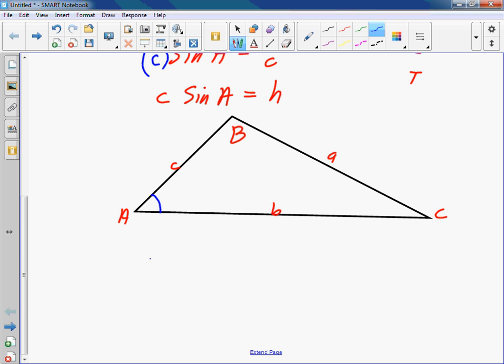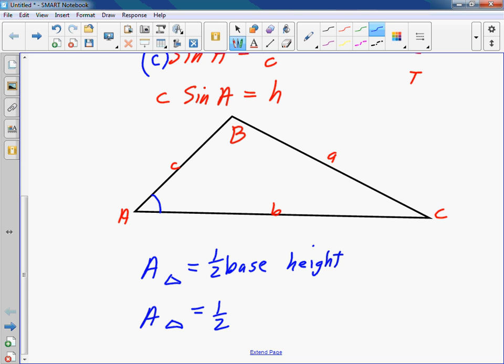Well, we can say the area of the triangle equals base times height divided by 2 or times 1/2. So now let's put in place what Nick shared with us. The 1/2 stays the same.